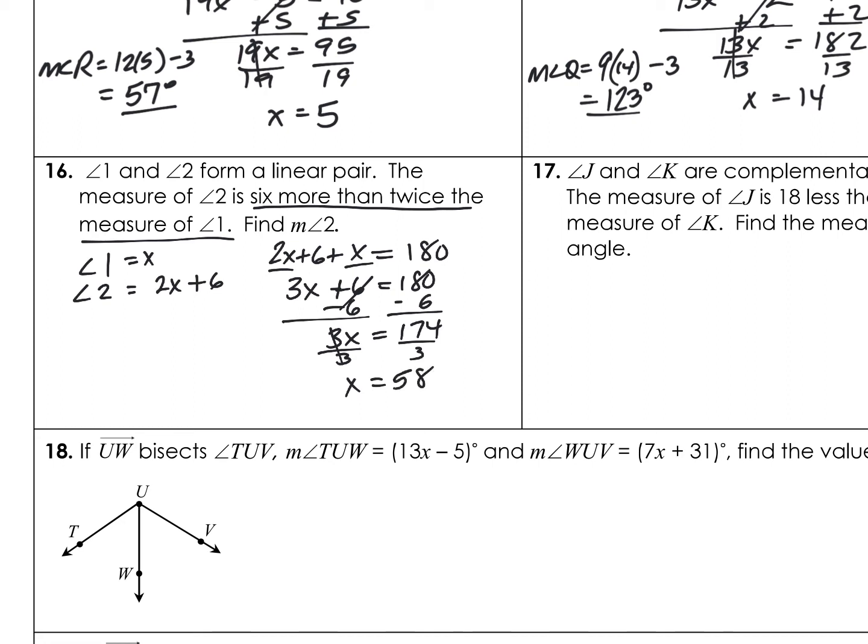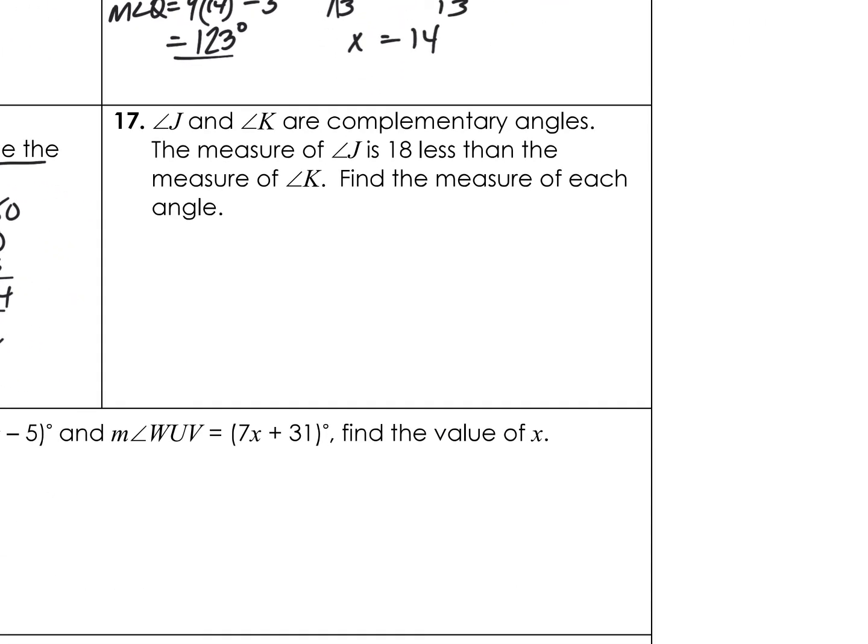If we're finding the measure of angle 2, we substitute 58 in for x. 50 times 2 is 100. 8 times 2 is 16. So 116 plus 6 is 122.